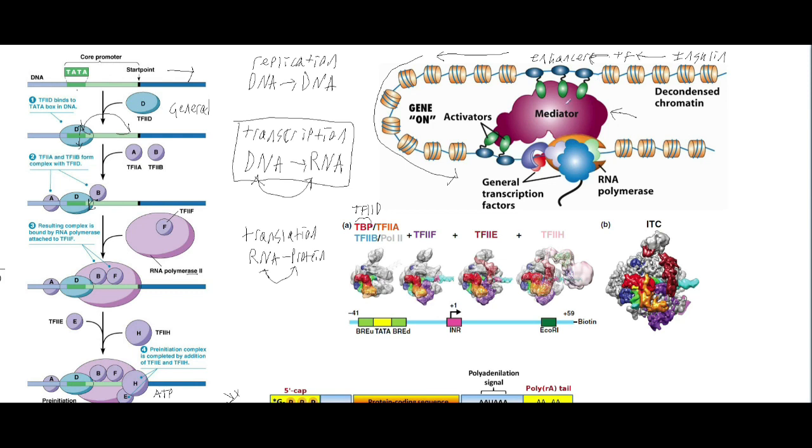And so mediator is the protein that can, well, mediate between the enhancers. And when there's transcription factors bound to these enhancers, mediator finds it and says, oh, I guess this gene needs to be turned on, and it will recruit the transcription machinery to the promoter, and then that can start transcribing.